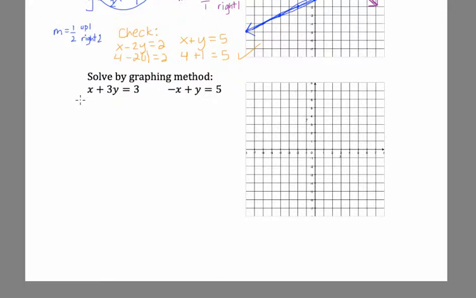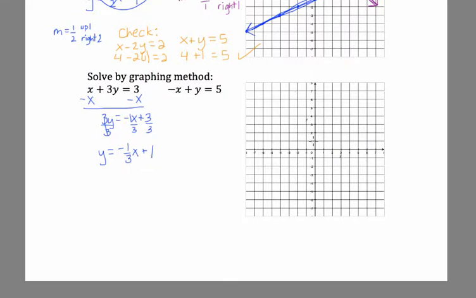We'll start by changing this equation from general form into slope-intercept form so that we can graph it. Negative 1/3 x plus 1. So let's graph it.